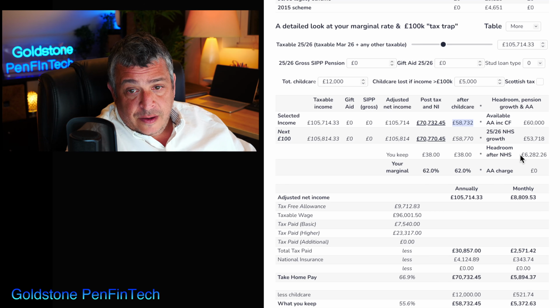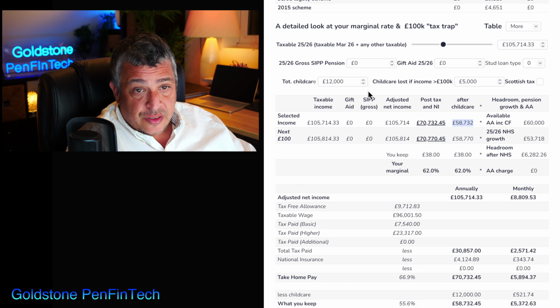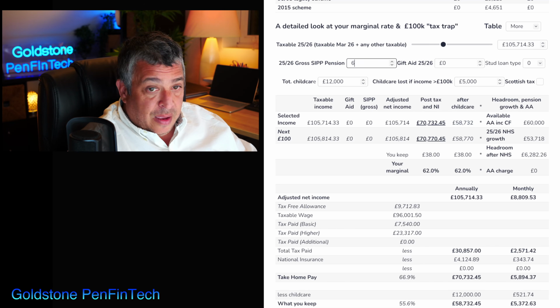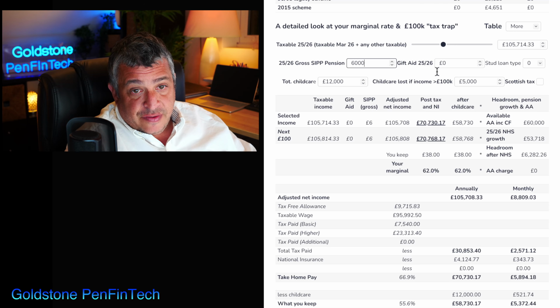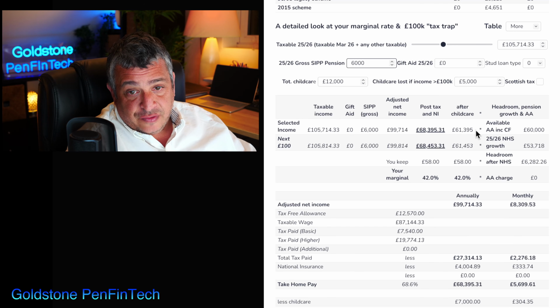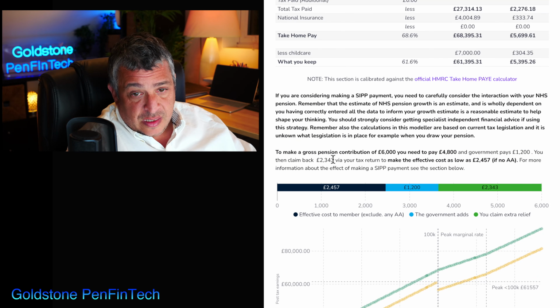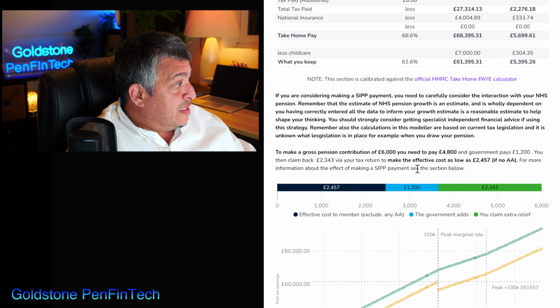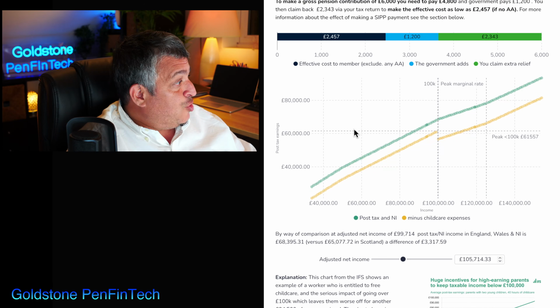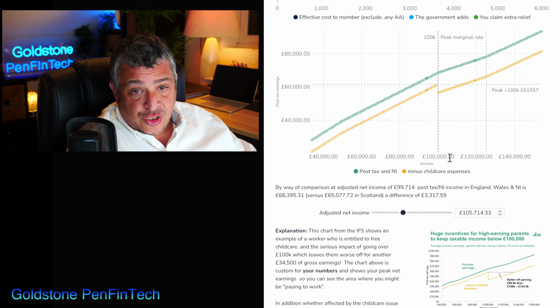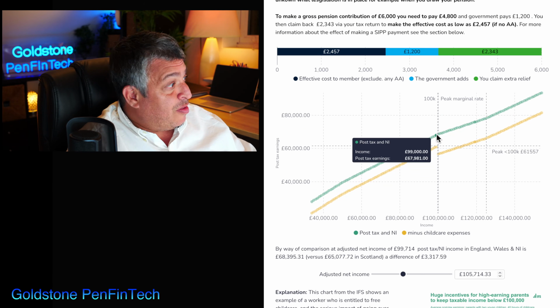We've got this headroom of just over 6,000, and that means we can put a SIPP in for 6,000, and we can see that after childcare that's gone up to 61,395, and we can see the cost of going into the SIPP. And then there are these really nice charts based on the IFS chart showing exactly the same thing.